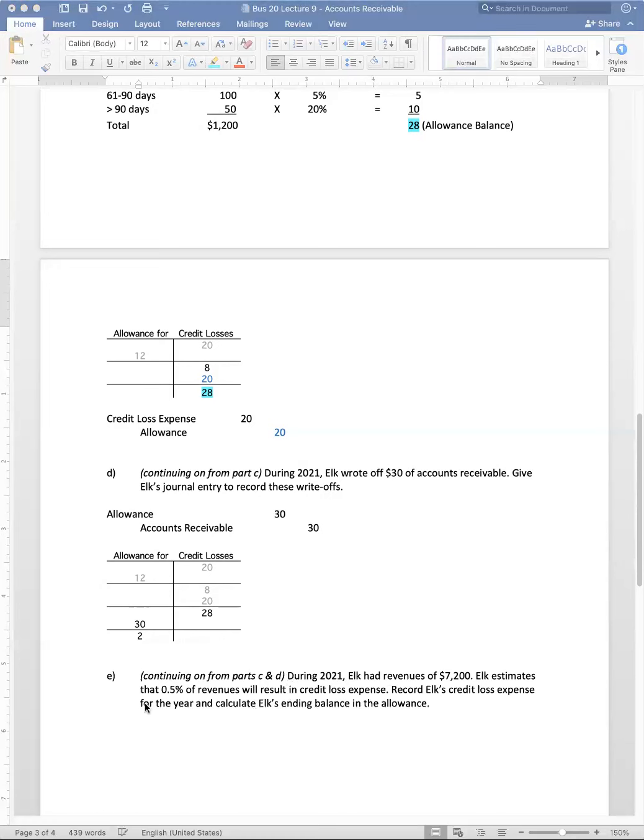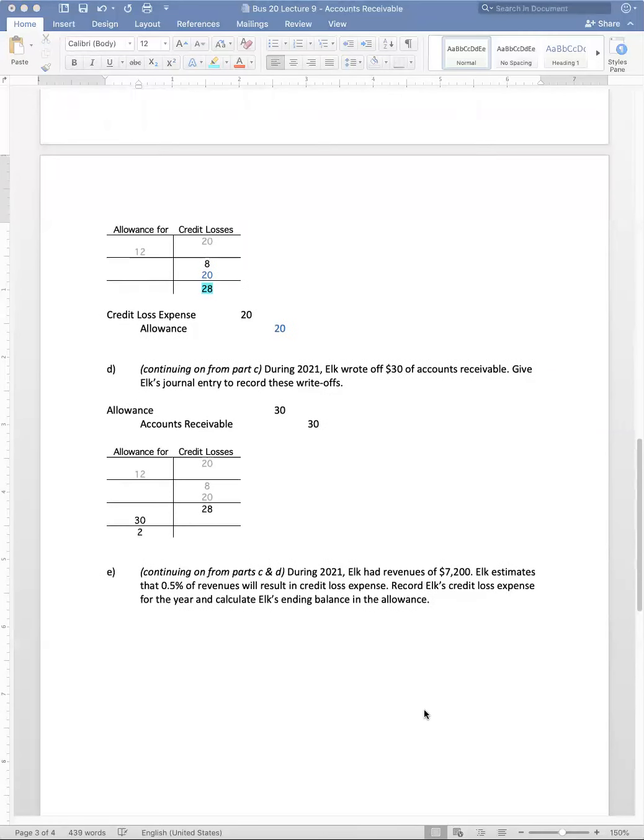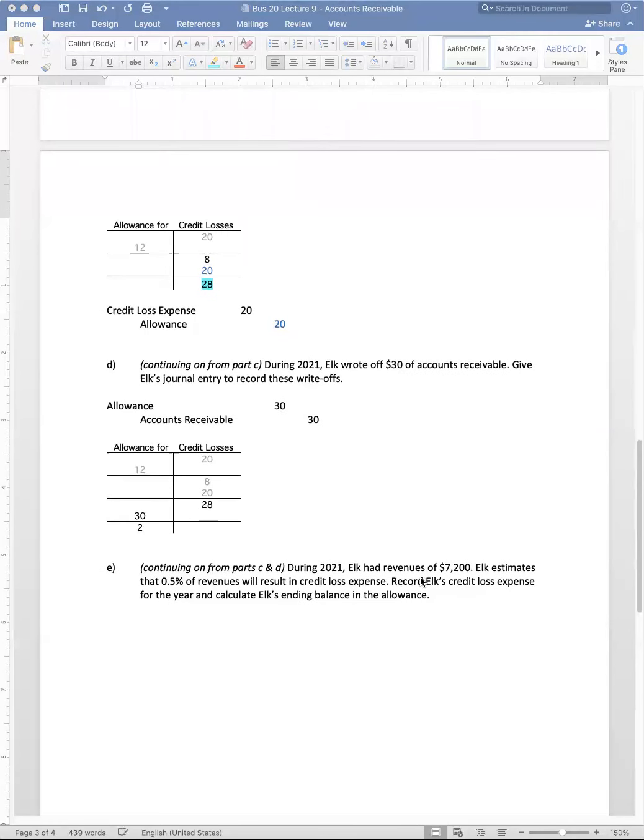Elk estimates that 0.5%, that's a 0.5% of revenues, will result in credit loss expense. Okay, so we're going to do the same thing. We're going to record that adjusting journal entry and calculate the ending amount in the allowance. But we're doing it in a slightly different way this time. We're doing the percentage of revenues method.